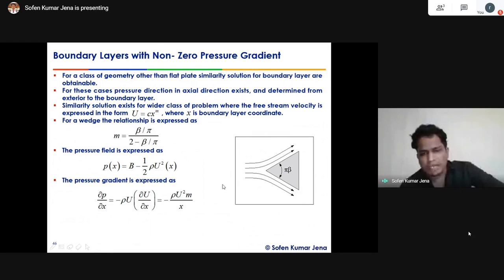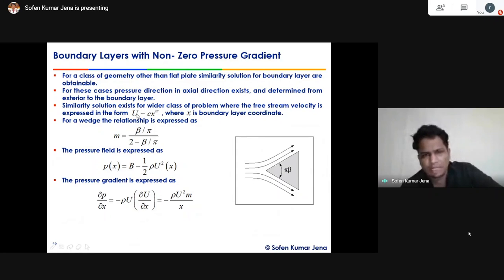Earlier we dealt with x and y as Cartesian coordinates, and the direction of the coordinates remains the same.